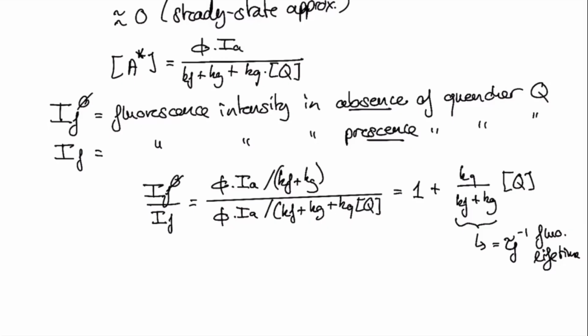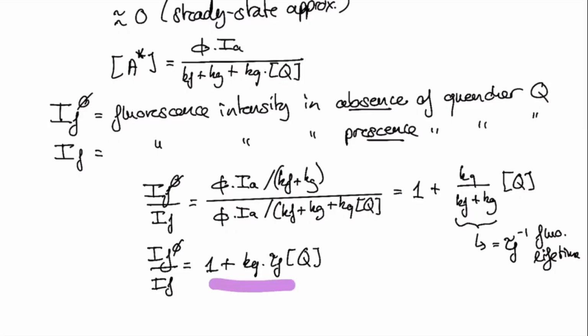So we can write this whole thing as 1 plus kq times fluorescence lifetime times Q. Either this notation or this notation is called the Stern-Volmer equation.